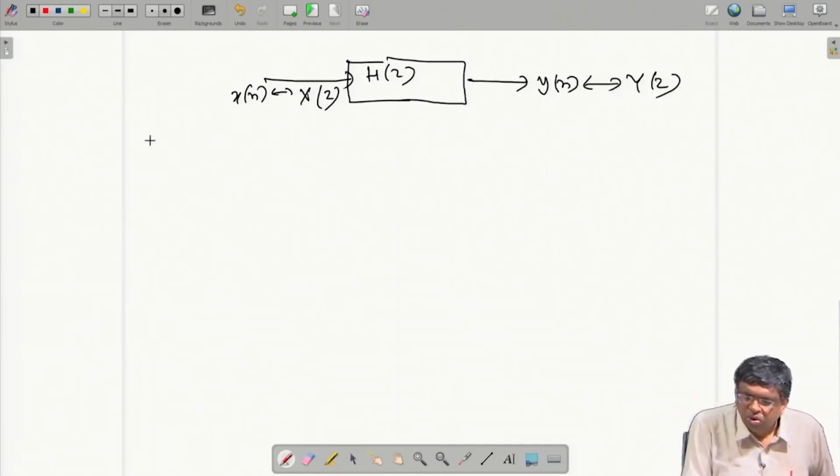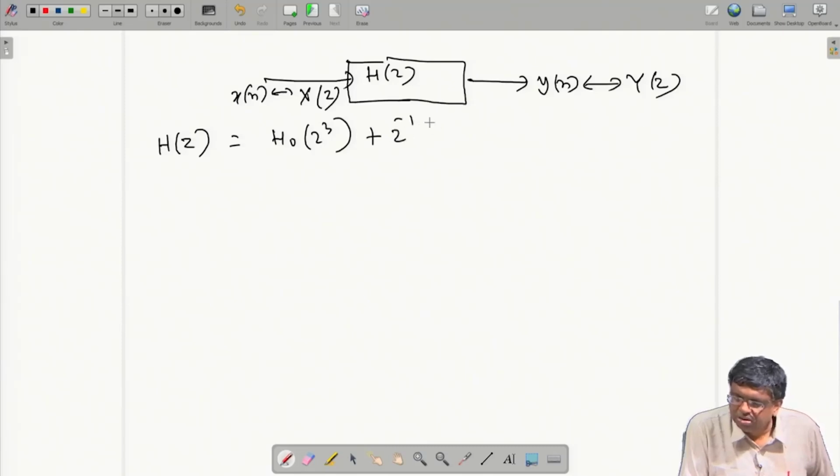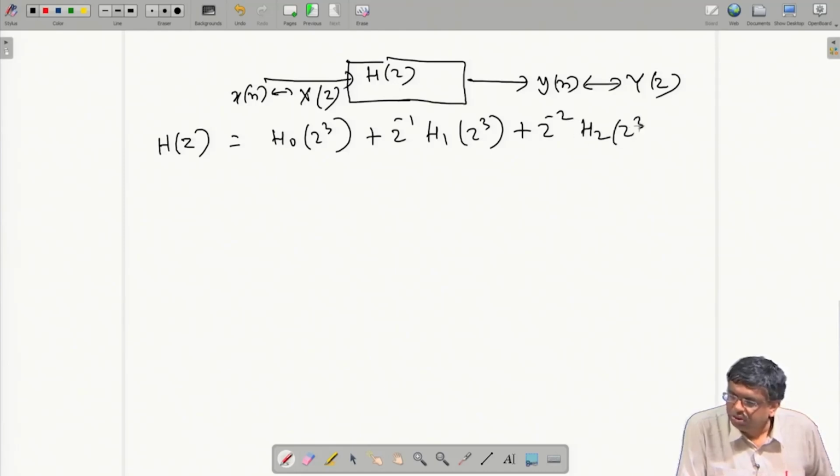So, you go for factor of 3 polyphase decomposition for h z, x z and y z. So, h z is h 0 z to the power 3 plus z inverse h 1 z to the power 3 plus z inverse to h 2 z to the power 3.